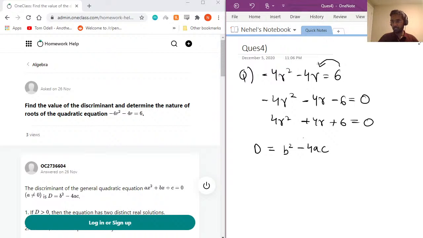Now what is b squared, you'll be asking? The generic quadratic equation is represented as y is equal to ax squared plus bx plus c. In this case, we're given a to be 4, b to be 4, and c to be 6.